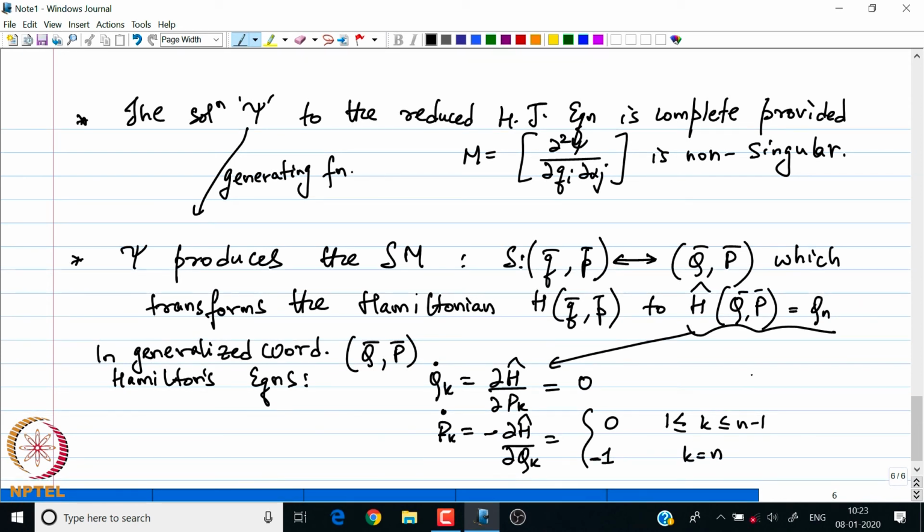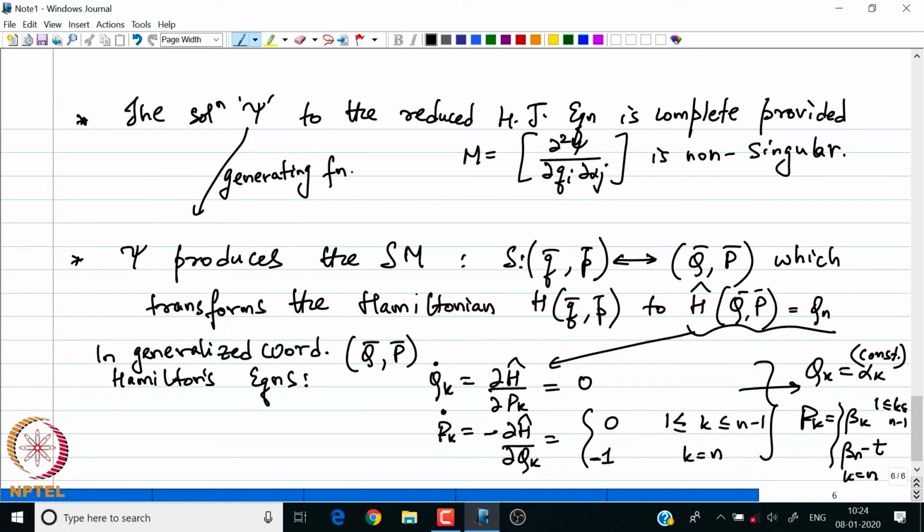So, from here I can derive the fact that my qk's are alpha k, so constants. So, these are my constants and my pk is beta k, another set of constants for k from 1 to n minus 1, and otherwise it is beta n minus t for k equal to n.